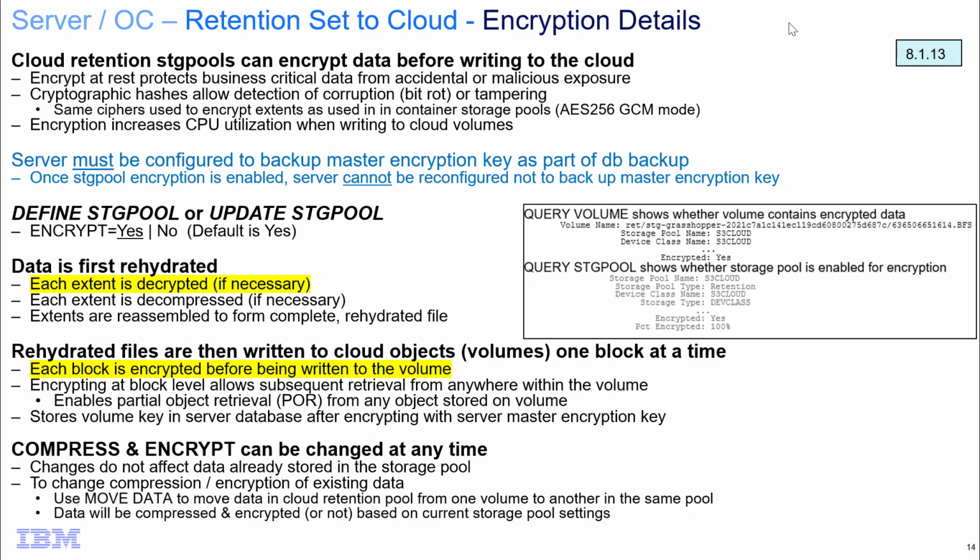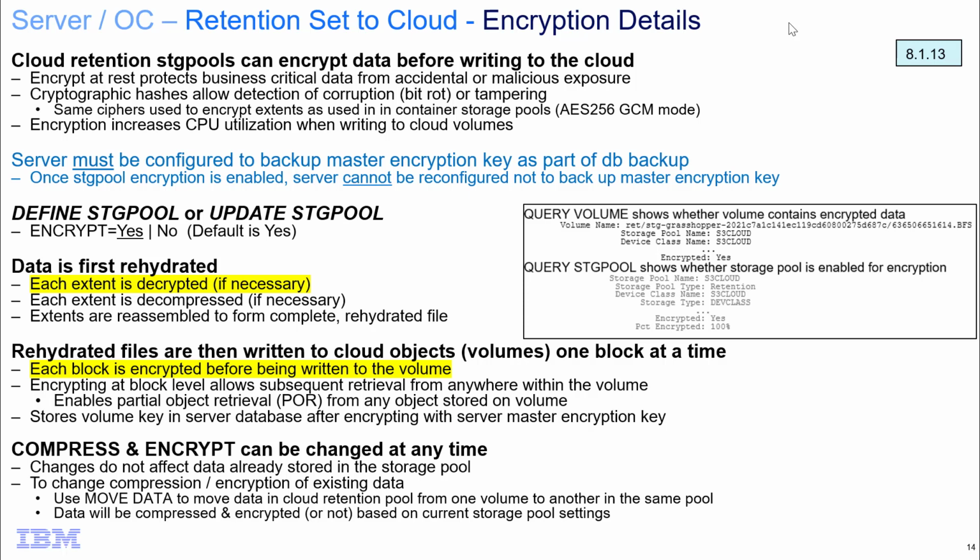If you have created a retention set and you want to copy that retention set out to cloud, if any of the data in the retention set was encrypted using server-side encryption, we will first rehydrate that data. That means we will unencrypt it, we will decompress it, and we will reassemble all of the extents to form a completely rehydrated file.